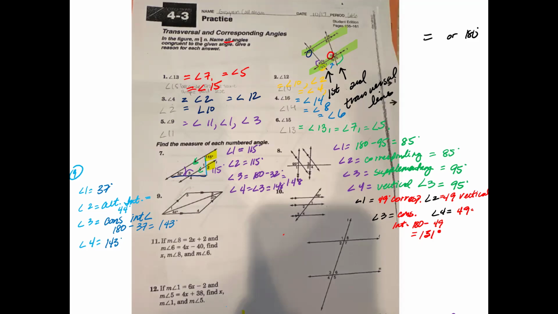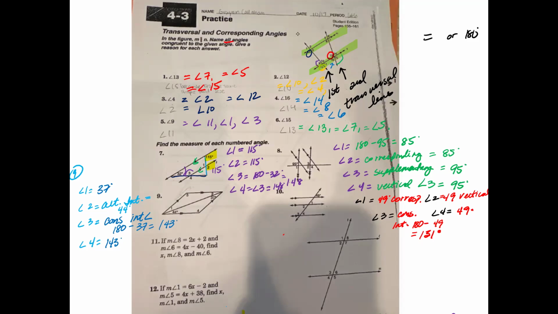But do you also see that angle 3 and 4 add up to 180 because it makes a straight line? What about angle 2 and 4? What kind of angles are those? Alternate interior. I know that you don't have those terms done yet. You need to study for this weekend. Do you understand the difference there?